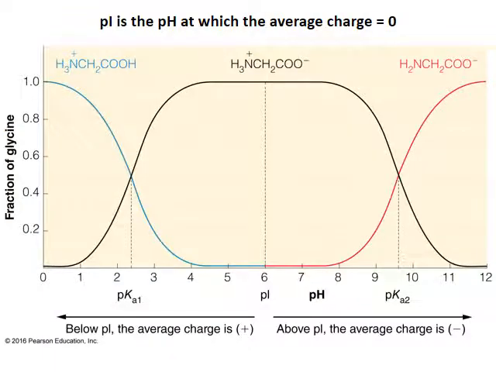If we look at the different species that arise as the pH changes along the titration curve, at low pH, it's going to be pretty much the protonated form. At the half equivalence point, we're at 50% protonated, 50% deprotonated for the carboxylic acid group.